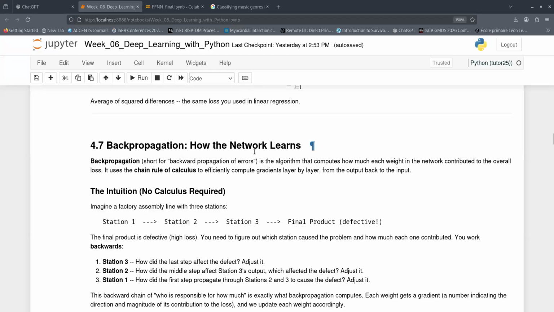Instead of having inputs, hidden 1, hidden 2, hidden 3, hidden x, till the output, back propagation takes the reverse, going from the output to the input.